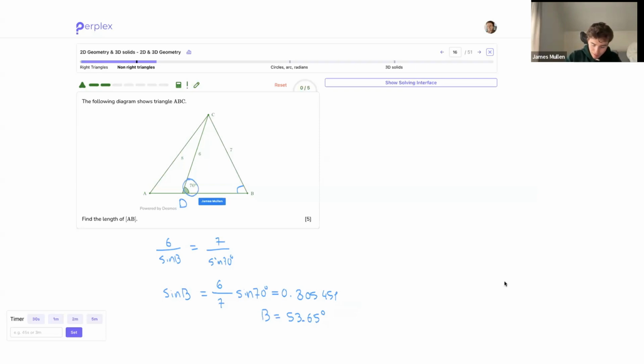And then since this angle is 70 degrees, and this one is 53.65 degrees, then I can find the angle CDA, this angle over here, is 180 minus the angle 70 degrees, so this is 110 degrees.